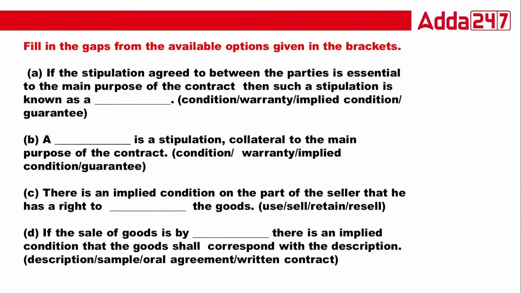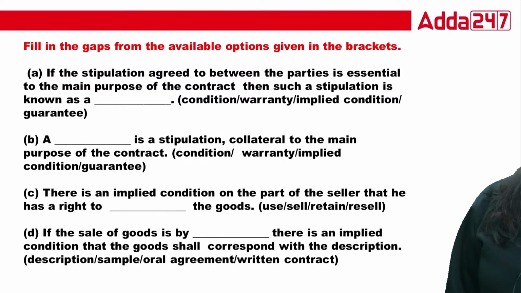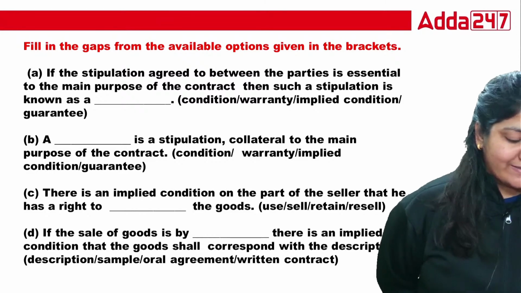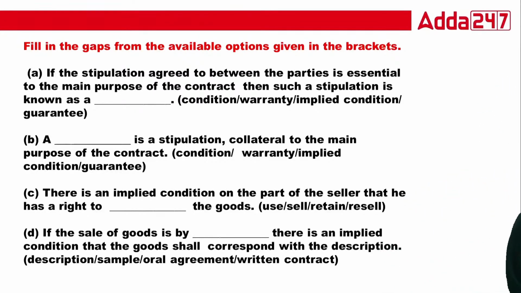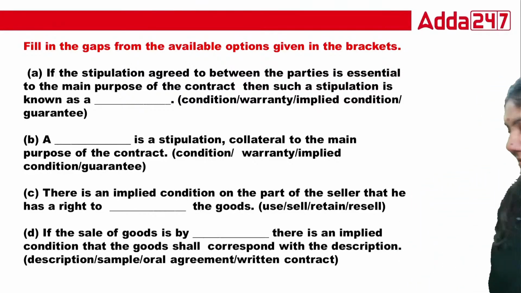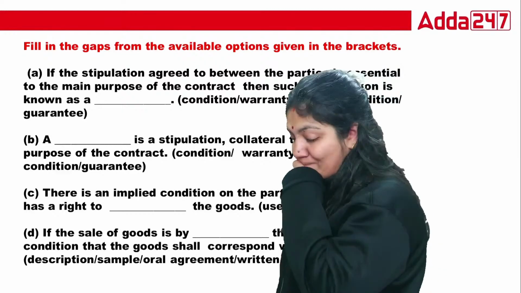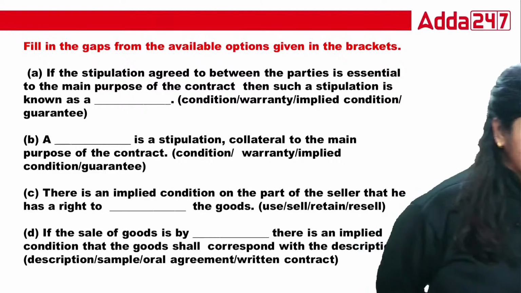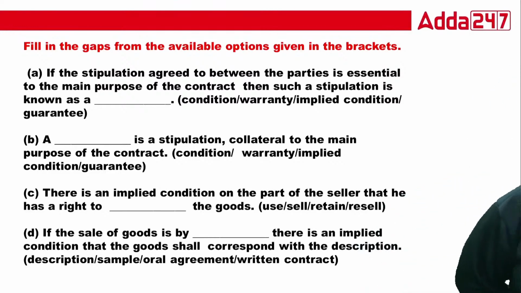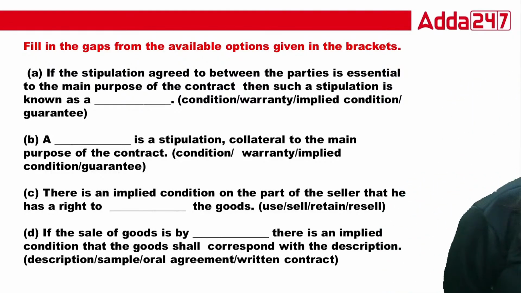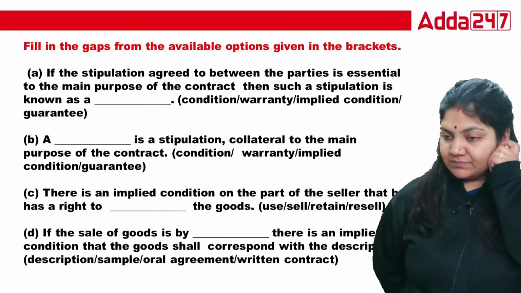Okay, now, if a stipulation agreed to between the parties is essential to the main purpose of the contract, then such a stipulation is known as dash: condition, warranty, implied condition, or guarantee. What is the right answer?